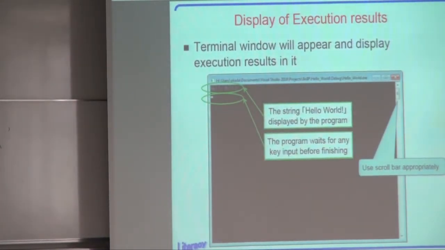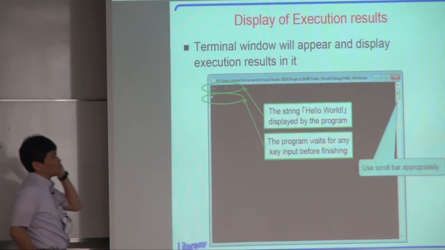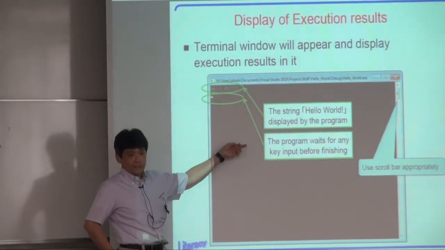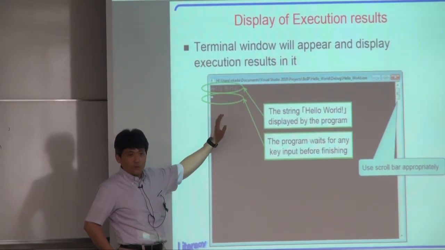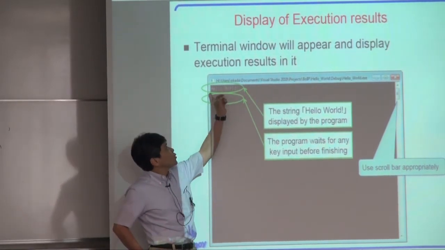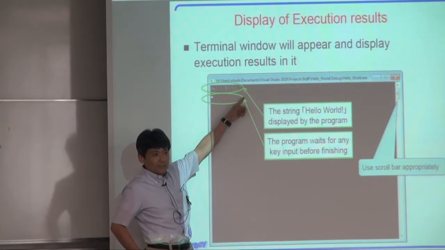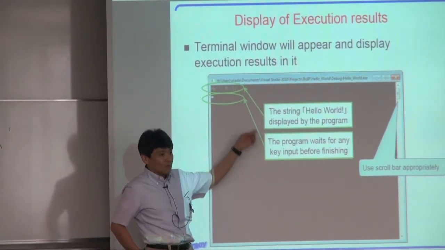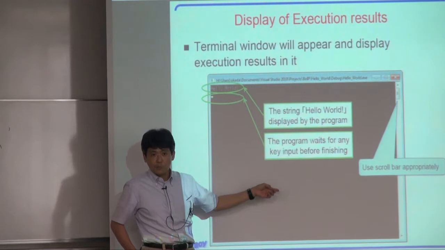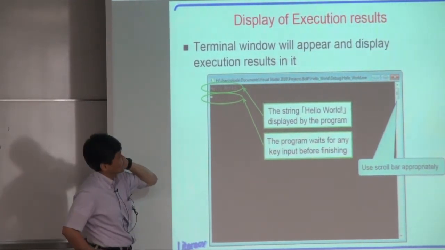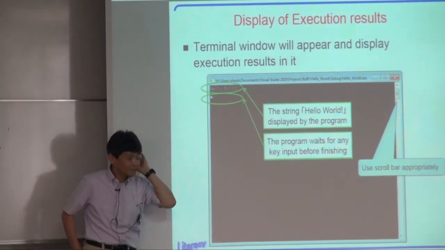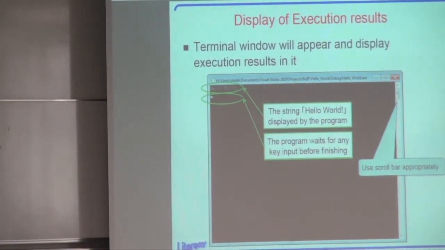Okay, so a console window will appear and the execution result will appear inside this window. The string hello world will appear, and this program waits for any key input from you. After you push any key, the program will be finished.